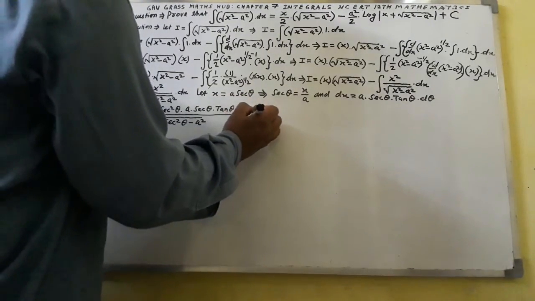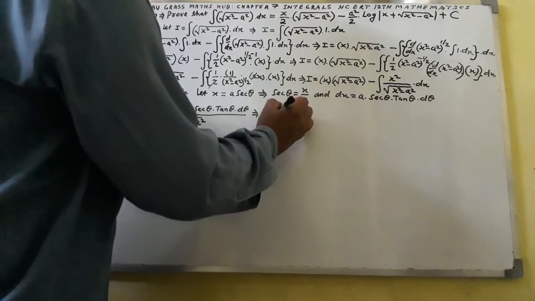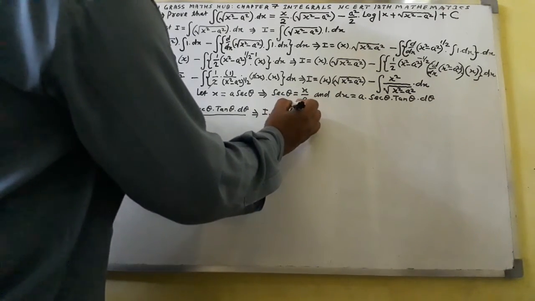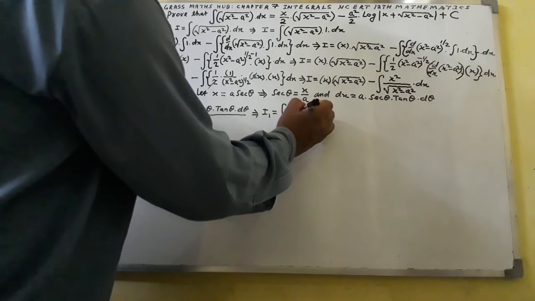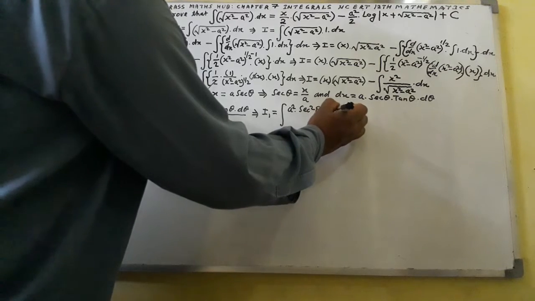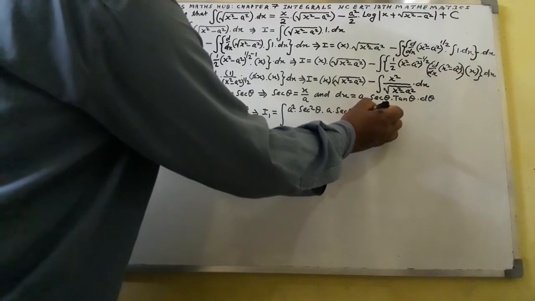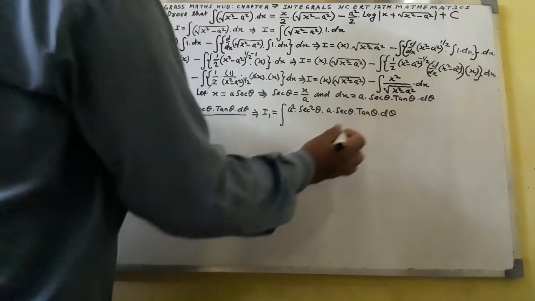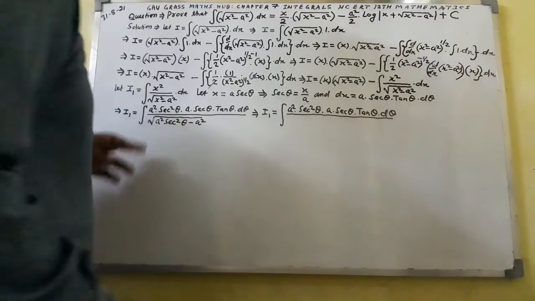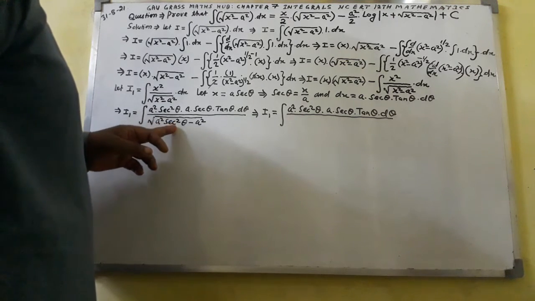It implies that I1 equal to a square dot sec square theta dot a dot sec theta dot tan theta dot d theta whole over under root a square dot sec square theta minus a square.